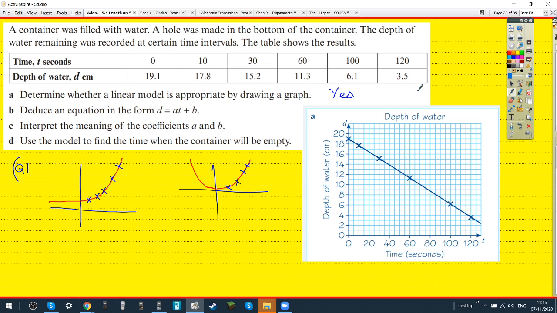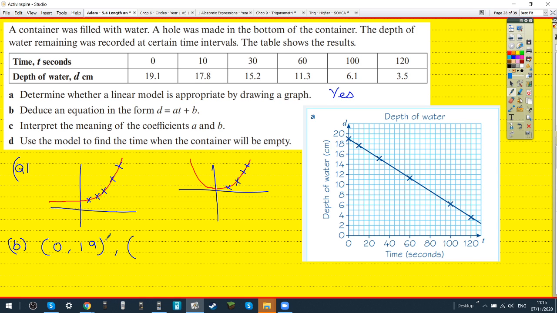For part B, would you need to work out the gradient? Yep. How would you do that? So we have the coordinate 0, 19. And we can also use a second point.